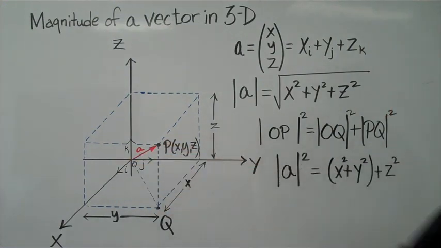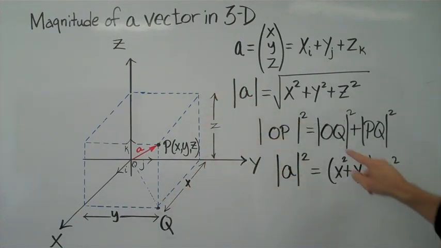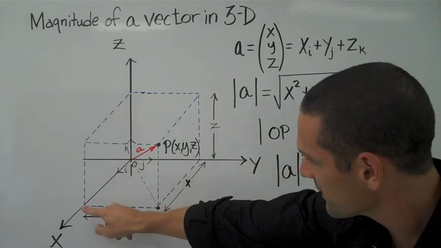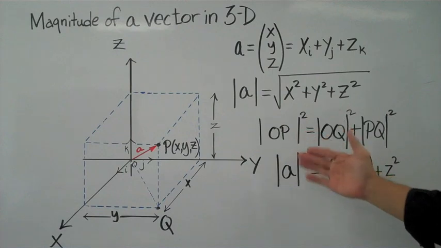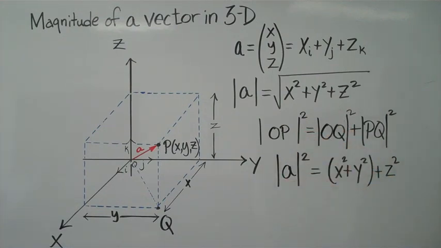Well, I can keep PQ squared, which is really my z. And OQ squared, this line here, is made up of the components x and y. So I can substitute x and y for OQ. And it turns out, yes, this is sort of the proof that the absolute value of a squared is equal to x squared plus y squared plus z squared. I could square root both sides and get this.